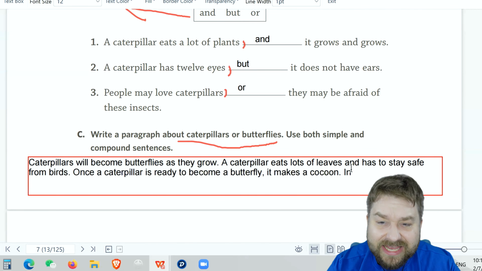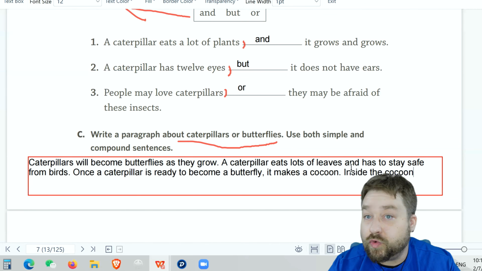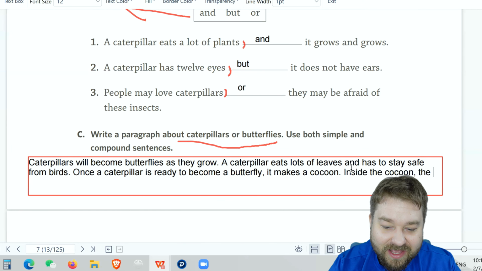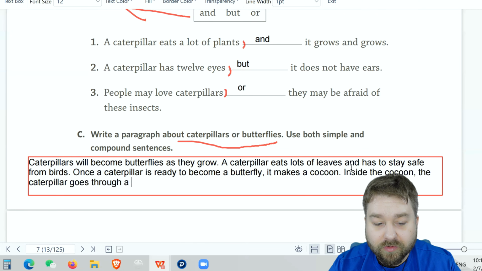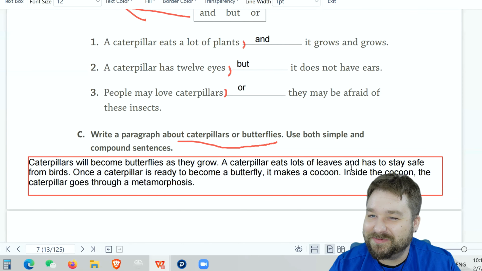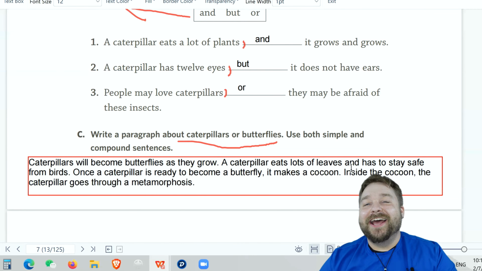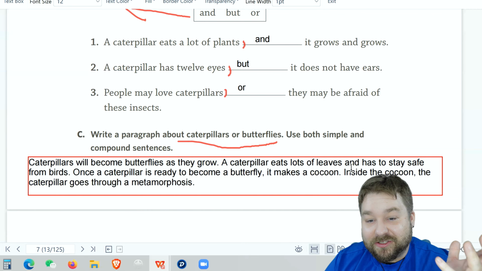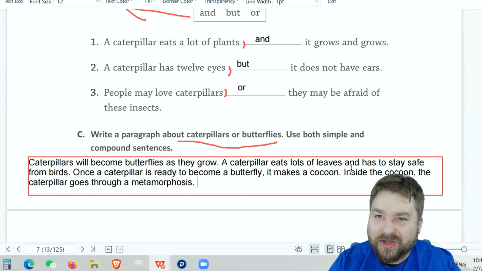So inside the cocoon, the caterpillar goes through a metamorphosis. Pretty sure I spelled that right. Okay, so we've got that sentence, right? Now, let's end this, okay?